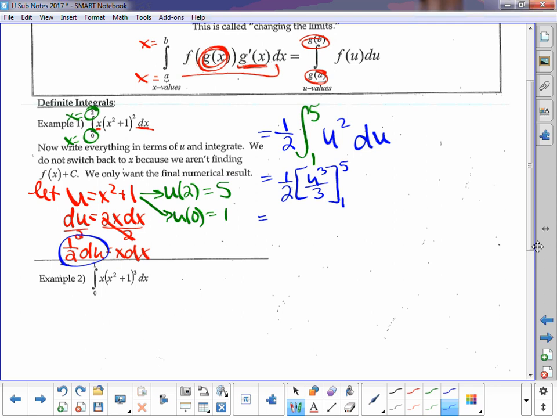So I'm going to take my 5 substituted in, 5 cubed. Actually, I won't simplify too much. So we have 5 cubed over 6 minus, take my 1 and put it back in, 1 cubed over 6. Does everyone see how I got that 6 in the denominator? Again, I could have kept the 1/2 out in front and said 5 cubed over 3 minus 1 cubed over 3.